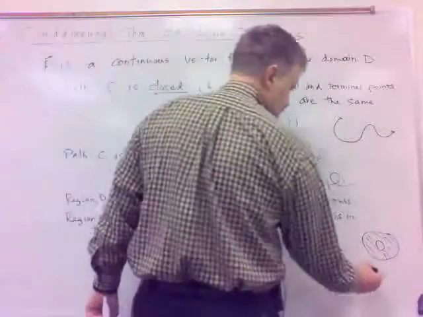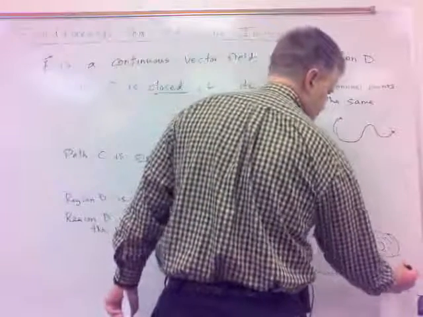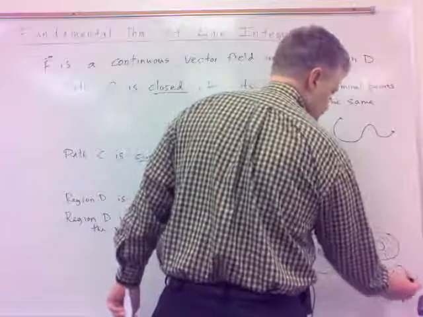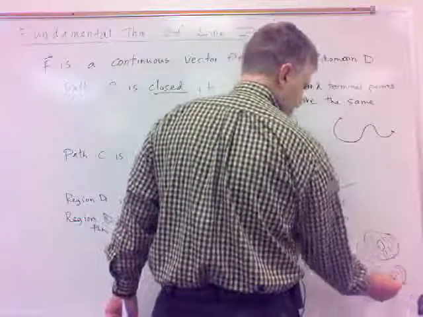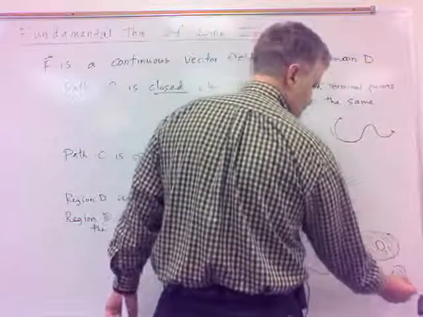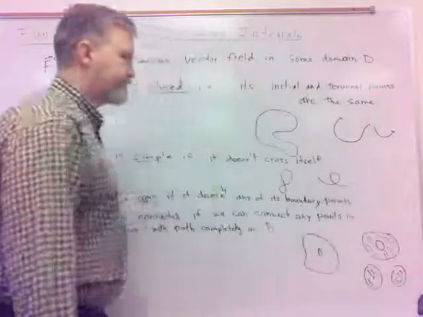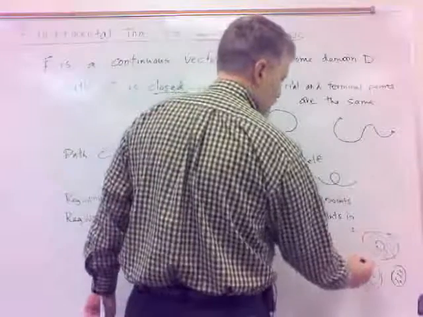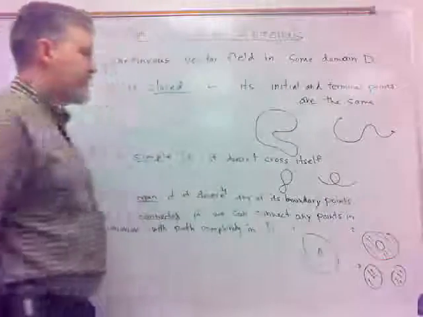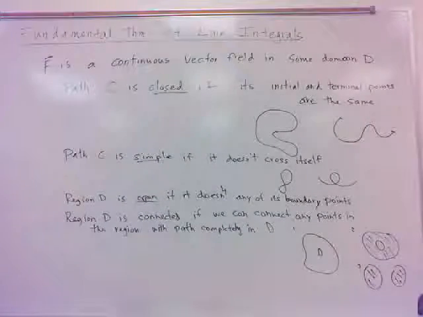But if region D happens to be two separate entities, you can't draw a path from this point over here to another point from that one. And so that one would not be connected.